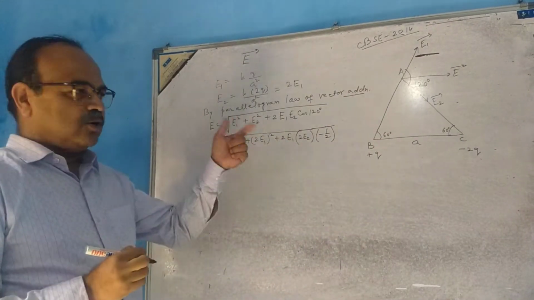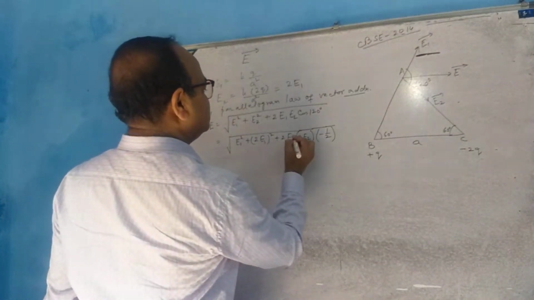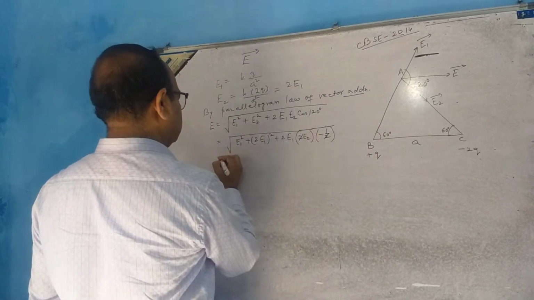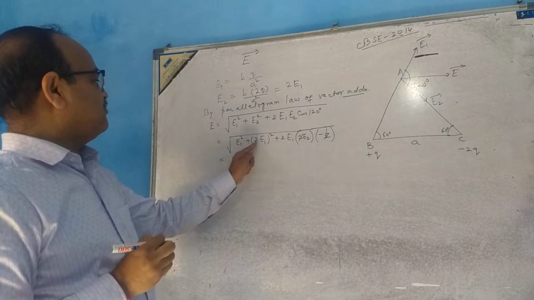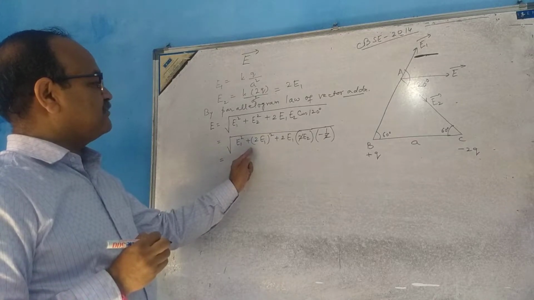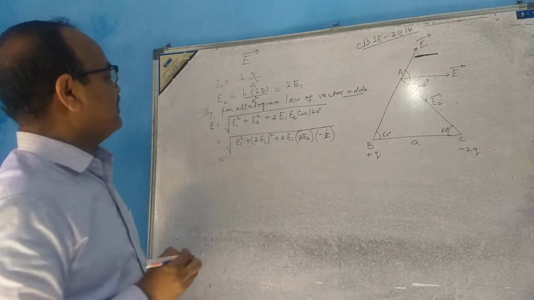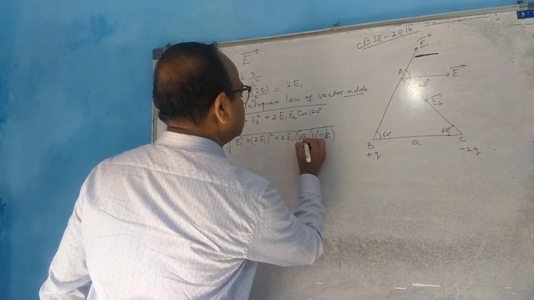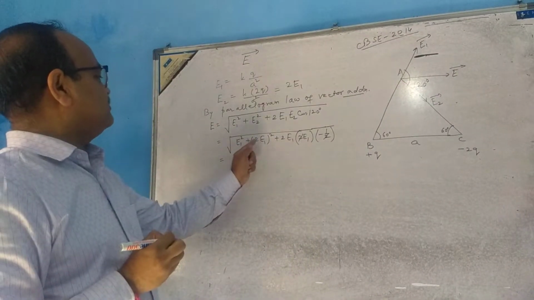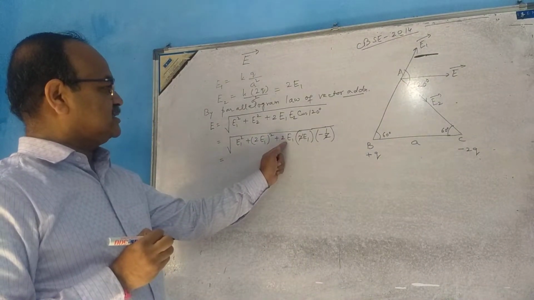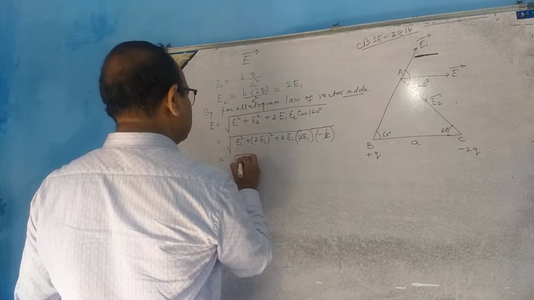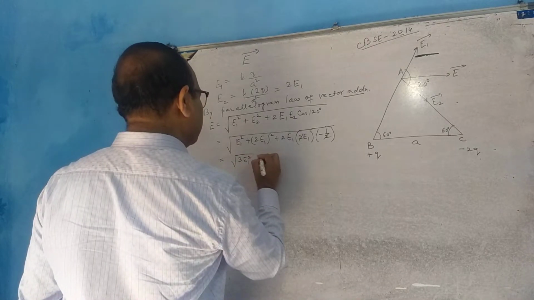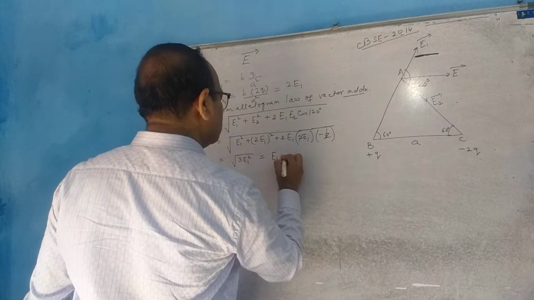Just see how we have substituted. These two will be cancelled. How much are we getting? This is 5 E1 square, and from this 5 E1 square minus 2 E1 square, may I write it as 3 E1 square, that is E1 root 3.